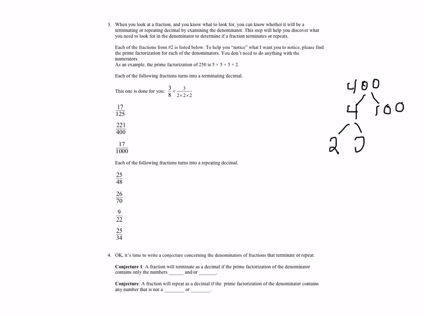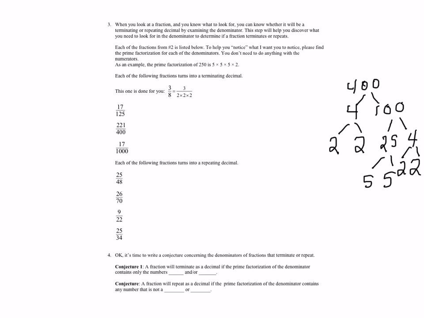The 4 breaks into 2 times 2. The 100 breaks into 25 and 4. The 25 is a 5 and a 5, and the 4 is a 2 and a 2. And you stop at this point.